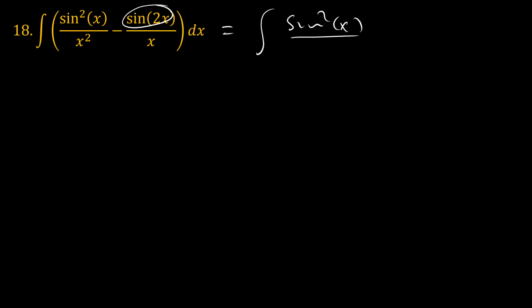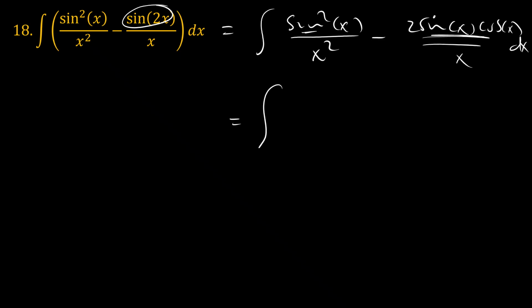So we have minus 2 sine x cosine of x over x. So this part here is the same as the derivative of this. And what I see here is this part here is the same as the derivative of this as well.